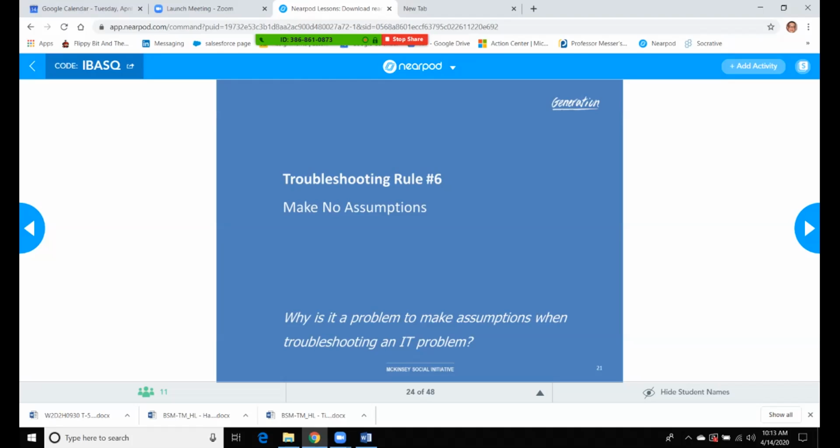So troubleshooting rule number 6 is make no assumptions, because the word assume unfortunately hurts you and me, and it just doesn't look pretty. Why is it important not to make assumptions when troubleshooting, though? Some assumptions are basically in reference to theory, right?